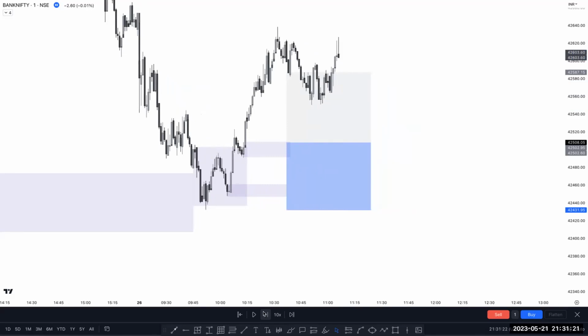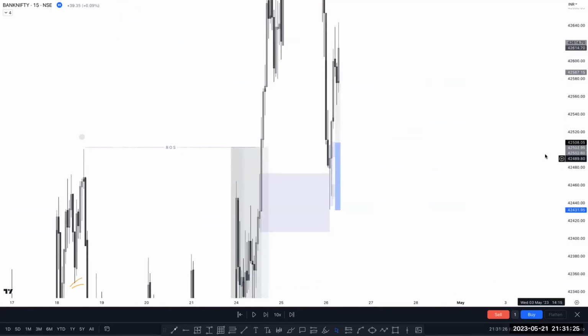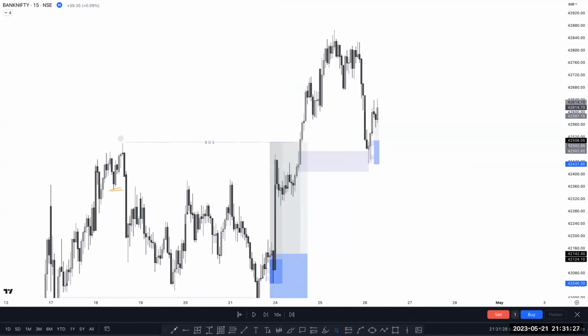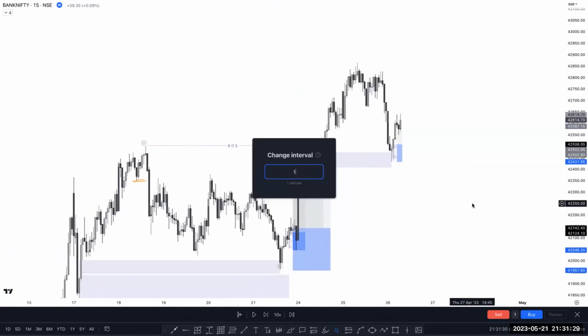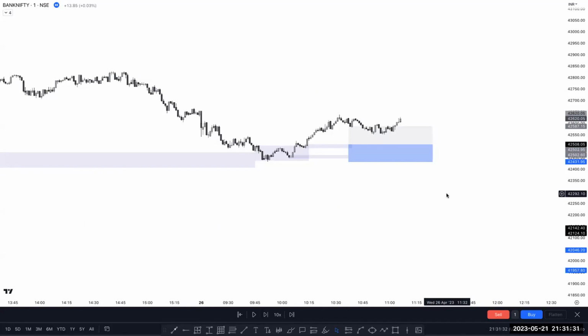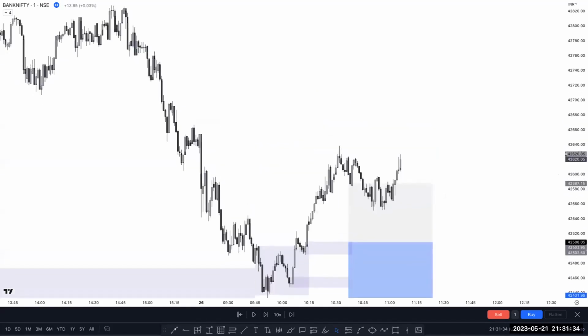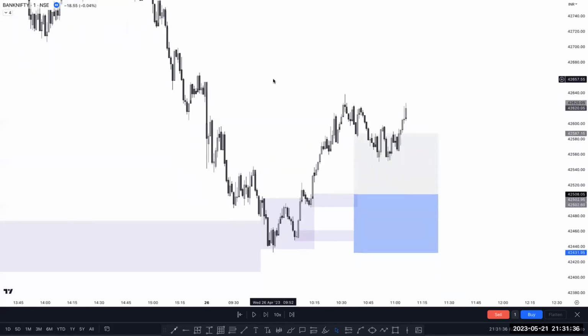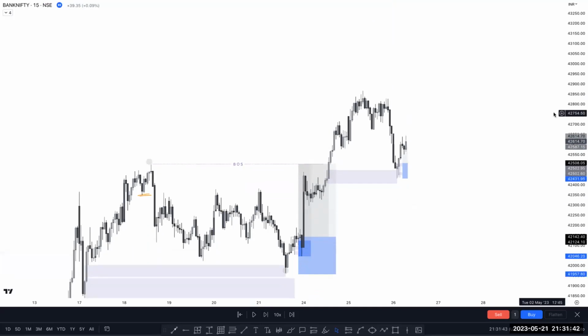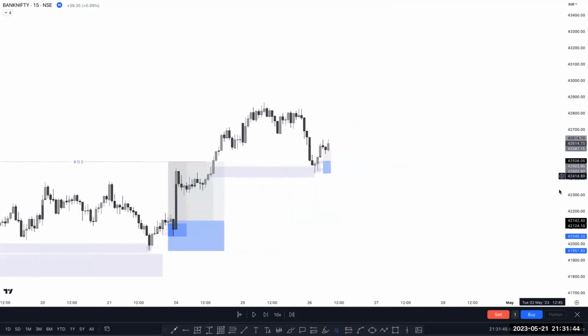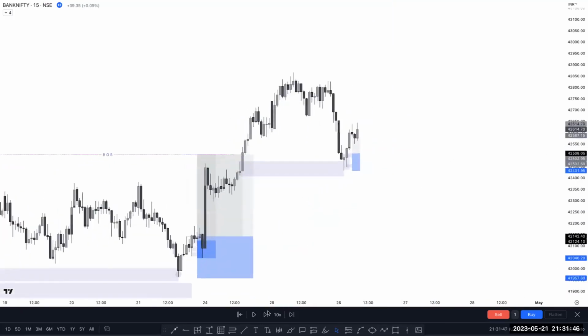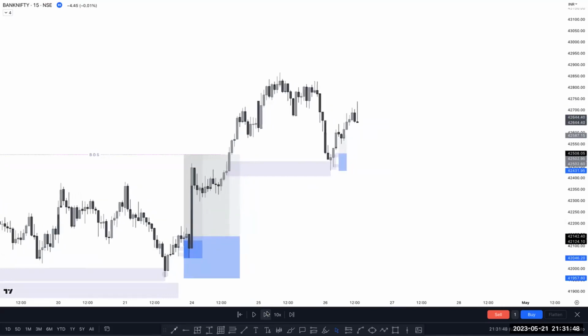Let's go back into the 15-minute time frame to check. No, let's check in a 1 minute chalk flip. Sorry, 15-minute. Let's wait for it to mitigate this one.